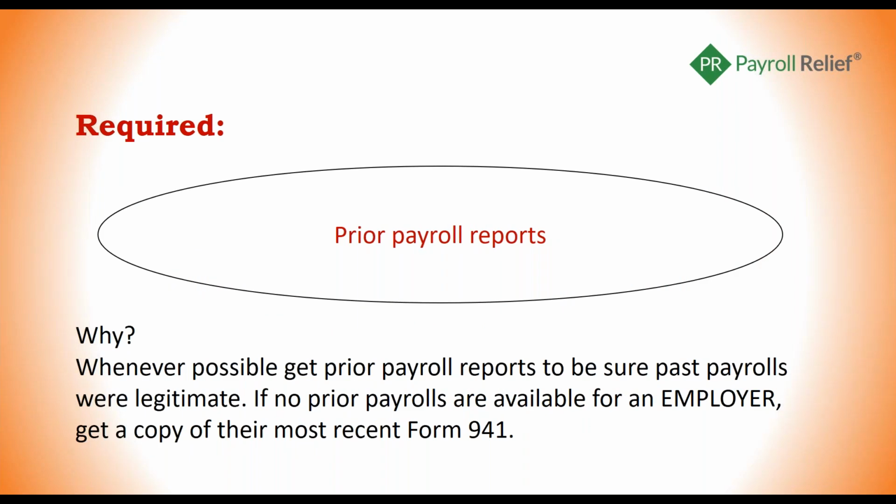Whenever possible, get prior payroll reports to be sure that past payrolls were legitimate. If no prior payroll report is available for an employer, get a copy of their most recent Form 941. If the employer is new to your firm, their past history is the best indicator of future payroll activity.